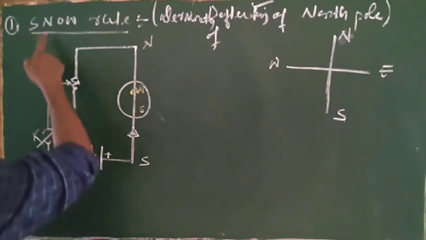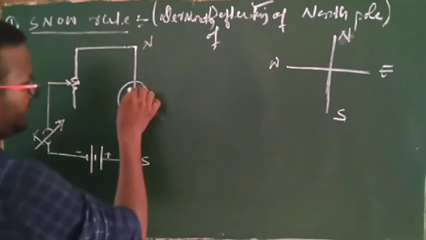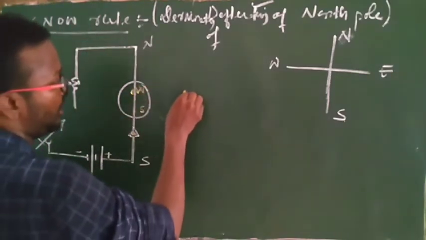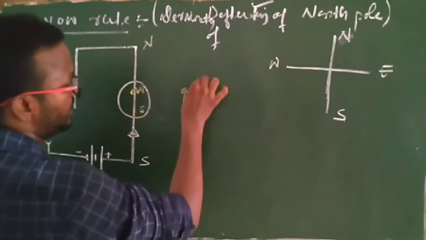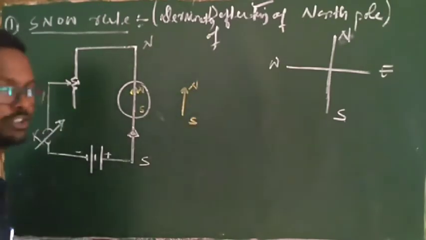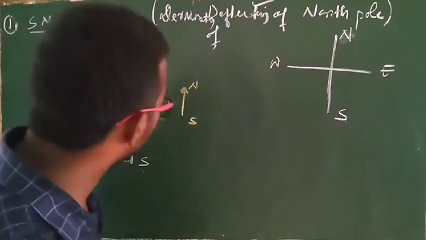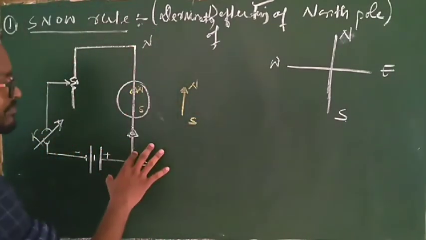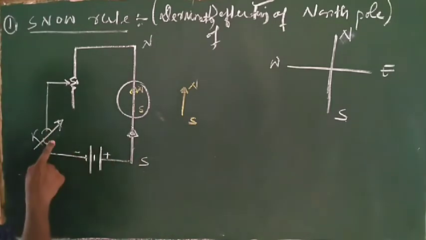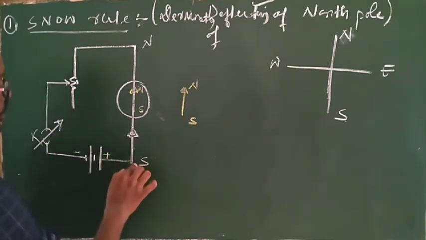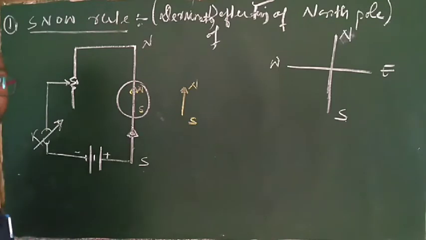Clear? According to Snow rule, this is the initial situation of the magnetic needle, and this indicates the north pole and this indicates the south pole. This is the initial situation when there is no current flowing through the wire. After the circuit is closed, the current flows through the wire from south to north.